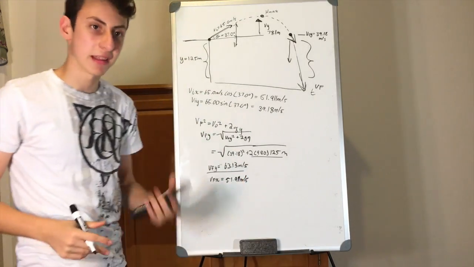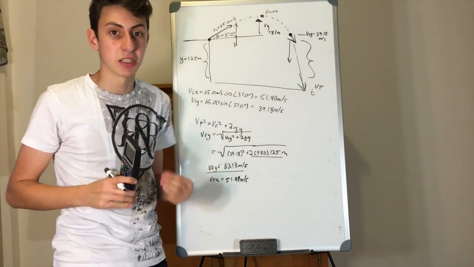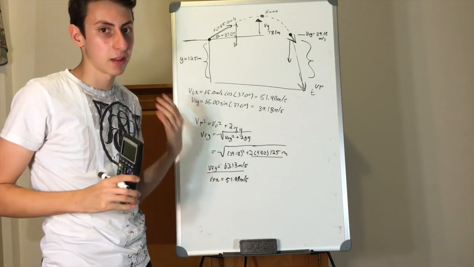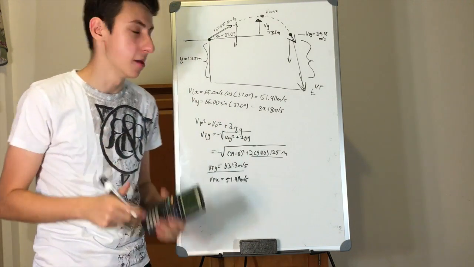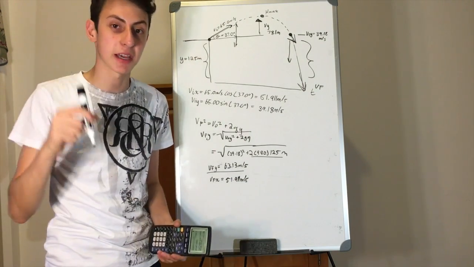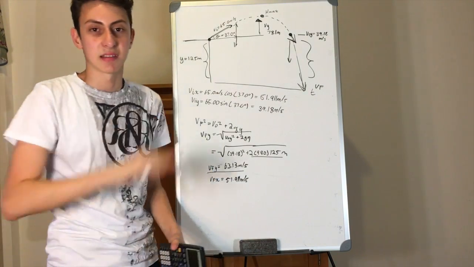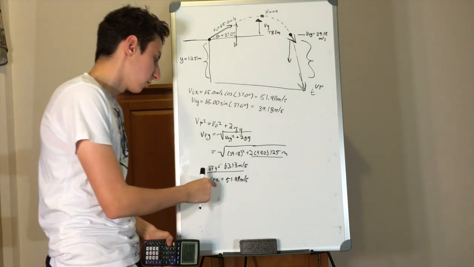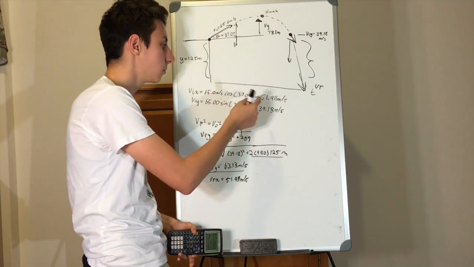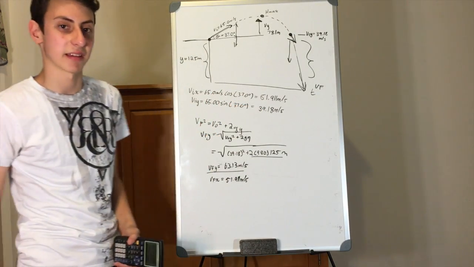Because remember from the last video, there is no acceleration in the x direction. The only force acting on the object, since we're ignoring air friction, is the force of gravity. And the force of gravity acts downwards in the y direction. The x velocity stays constant, there's zero acceleration. So our final velocity in the x direction is equal to our initial velocity in the x direction.